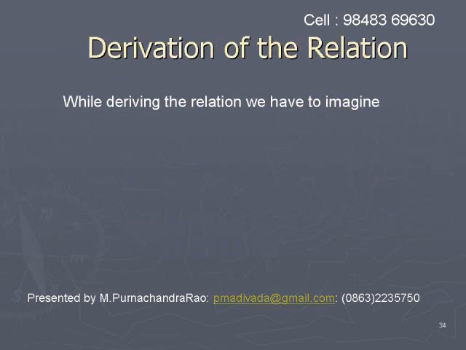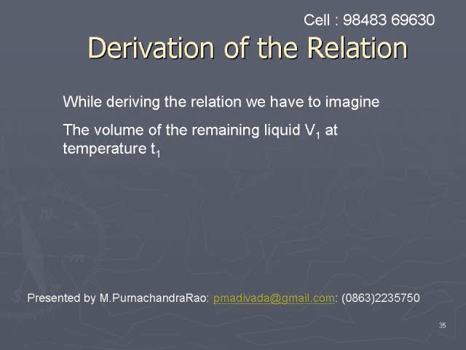Derivation of the relation for calculating apparent expansion. While deriving the relation, we imagine that initially we have taken the remaining liquid into the specific gravity bottle, and its volume is say V1 and temperature T1. When it is heated to the temperature T2, it occupies the entire bottle, and its volume is V2.